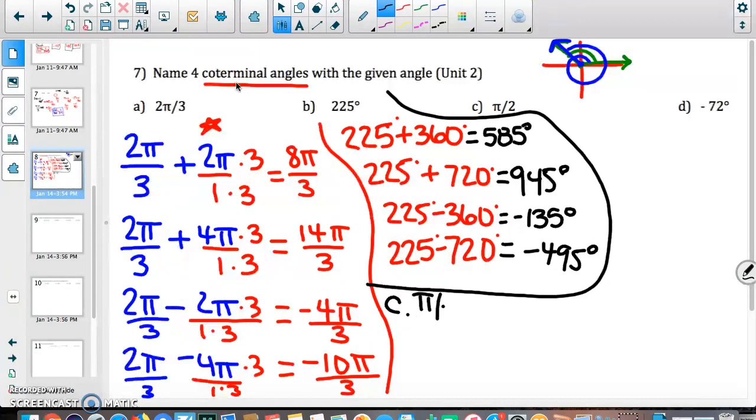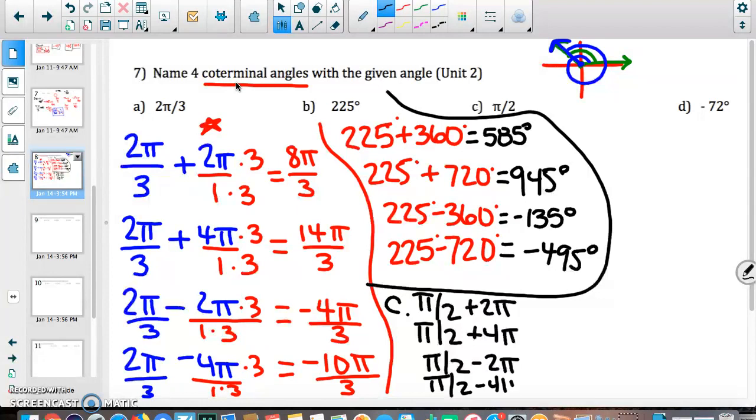So this is in radians, so I'm adding 2 pi, adding 4 pi, minusing 2 pi, minusing 4 pi. And I could keep going, right? The next multiple would be 6 pi, 8 pi, all of the multiples of 2 pi.